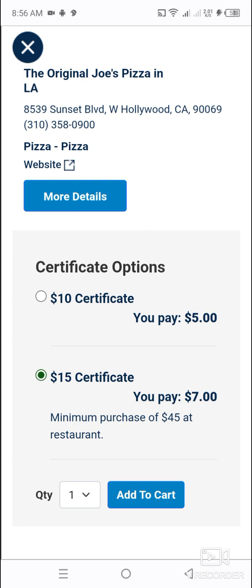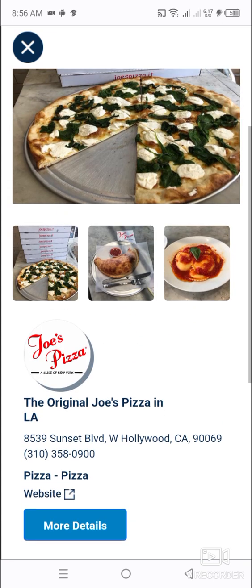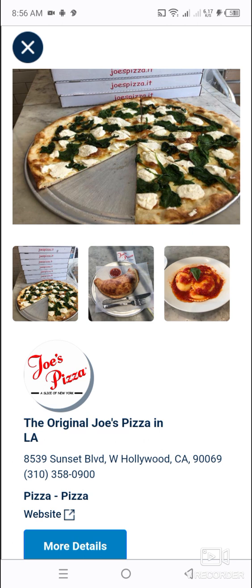Condition number 3 is that a customer or a diner can only use a gift certificate at a particular restaurant only once a month. A diner can only use a restaurant.com discount certificate for a restaurant only once a month, or once in every 30 days.